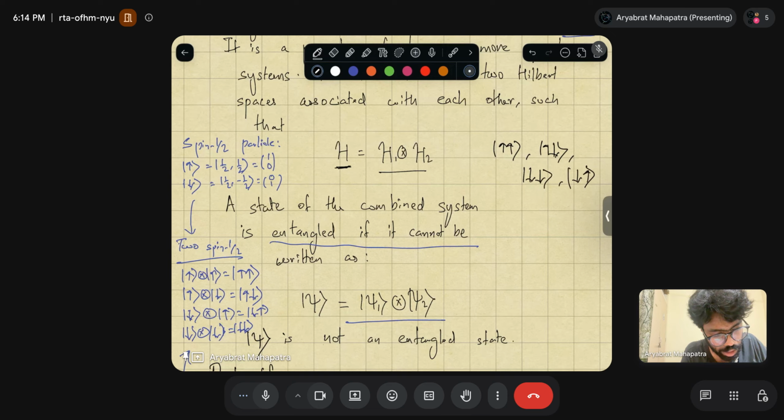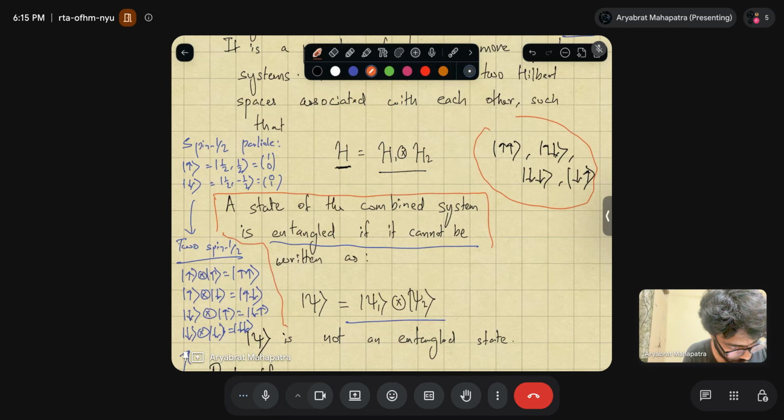This tells us that these are not entangled states. These are just composite quantum states.